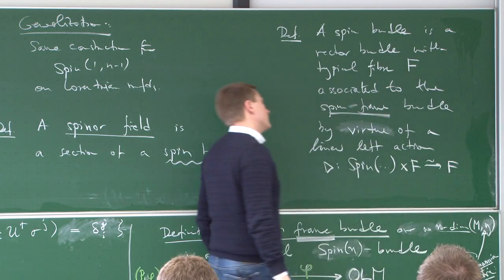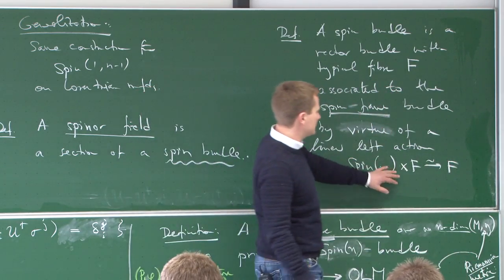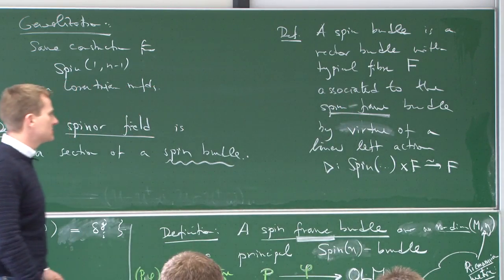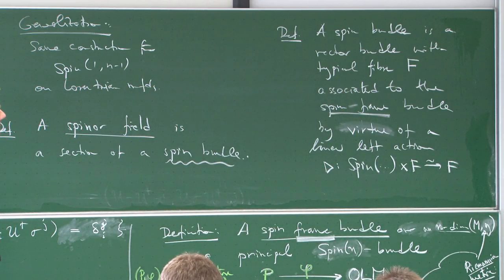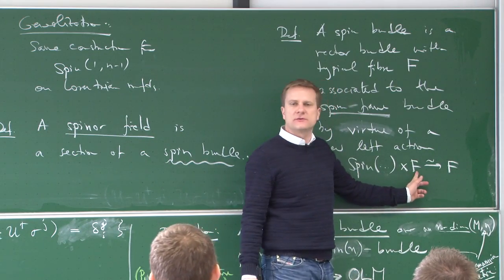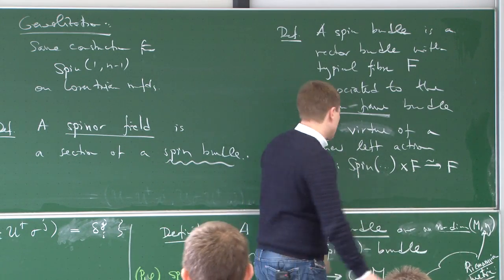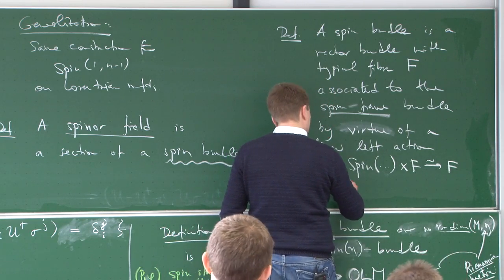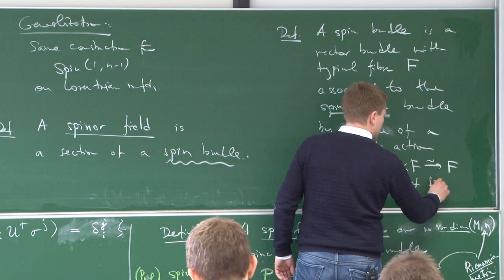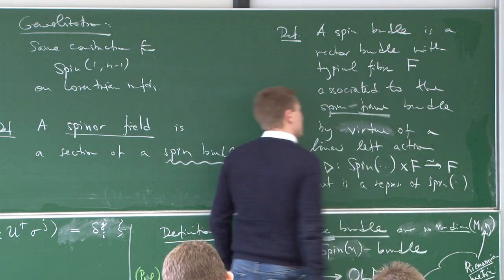It's supposed to be a linear action. So if you fix an element from spin, then it's a linear map. By virtue of a linear left action, that is a representation of spin. So you want this to be a representation space, right? That is a representation of spin.